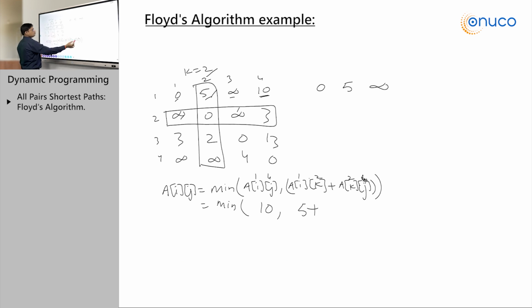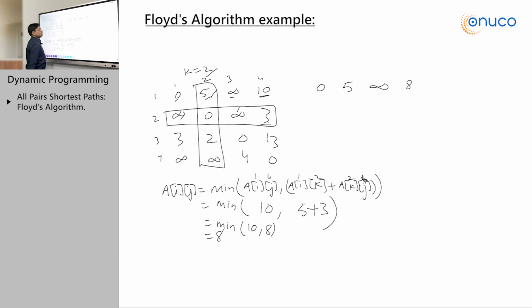K means here 2 and J 4. 2, 4 value is 3. 5 plus 3 is 8. So here we have min of 10, 8. Right? And among this you can see which is minimum? 8 is minimum. So this input, even though it is a constant value, we are going to replace by the minimum value.